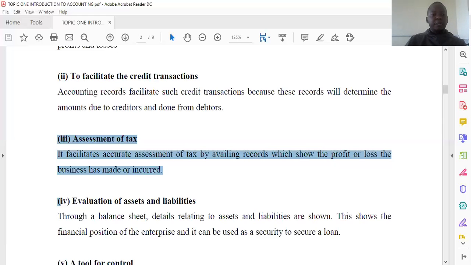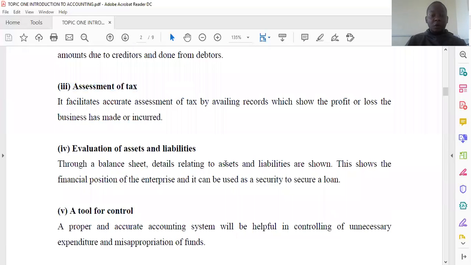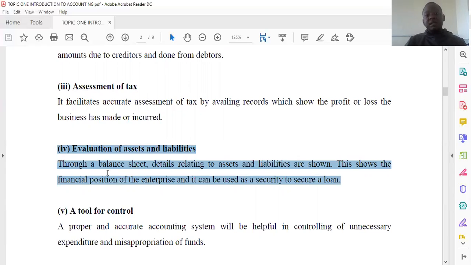Then the other function or objective of accounting is for the evaluation of assets and liabilities. Through a balance sheet, details relating to assets and liabilities are shown. So this shows the financial position of the enterprise, and it can be used as a security for a loan. Accounting serves this purpose very well.